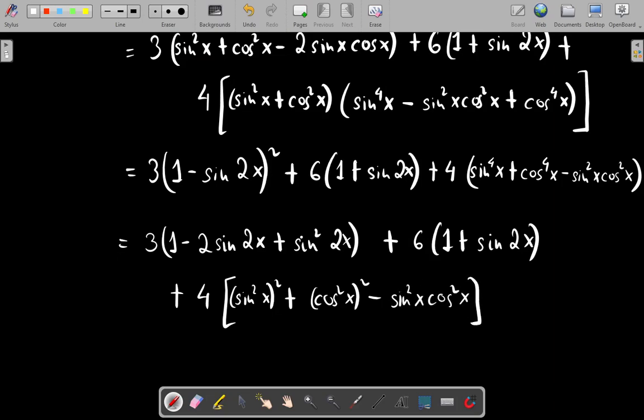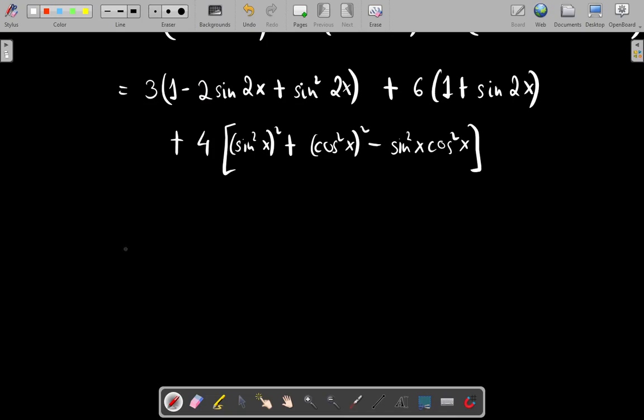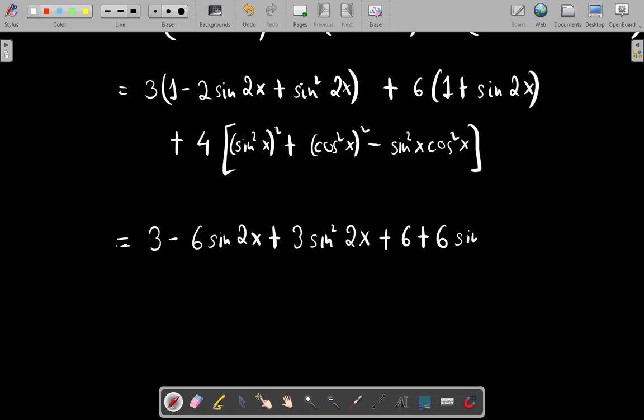So now on expanding the first term, this becomes 3 minus 3 times 2 is 6 sin 2x plus 3 sin square 2x, and I'm opening the second term also, this becomes 6 plus 6 sin 2x, plus 4 times this is a square plus b square, right?